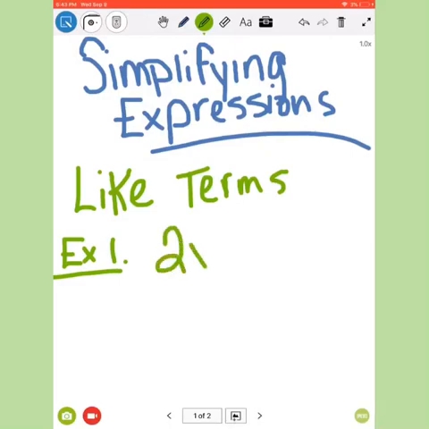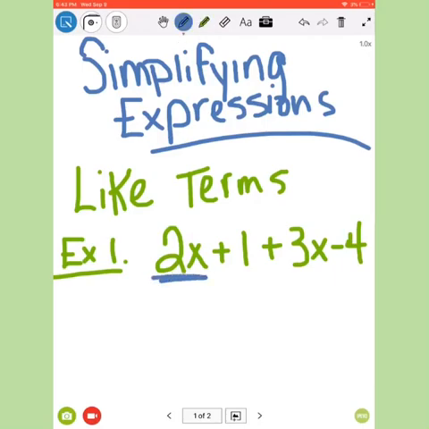Let's start really easy. 2x plus 1 plus 3x minus 4. Okay, when we look at this expression, we can see that 2x and 3x are like terms because they both have x on them. So I can combine 2x and 3x to get 5x.